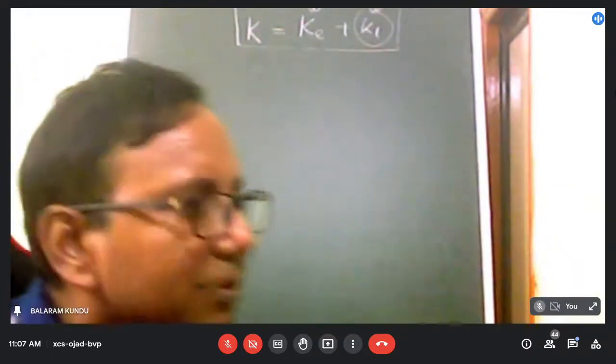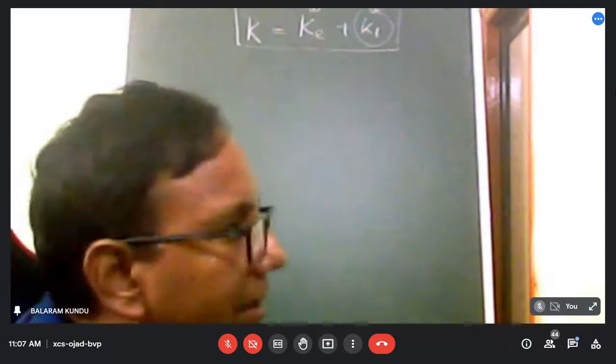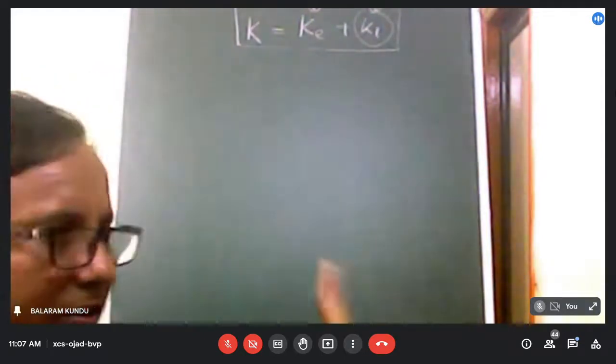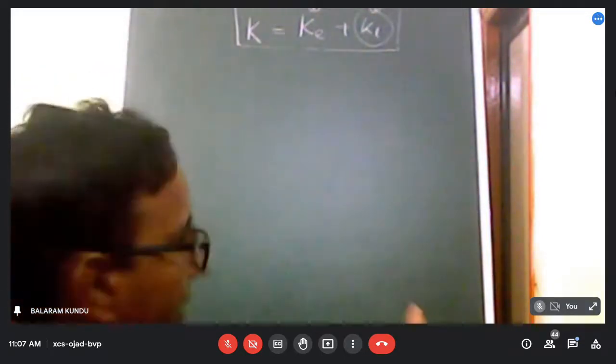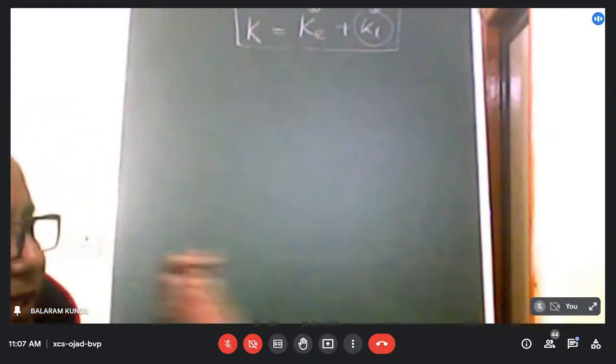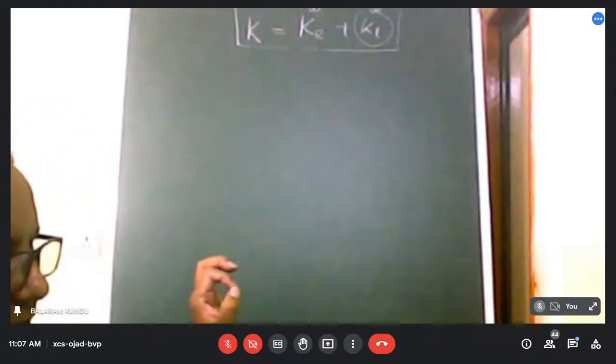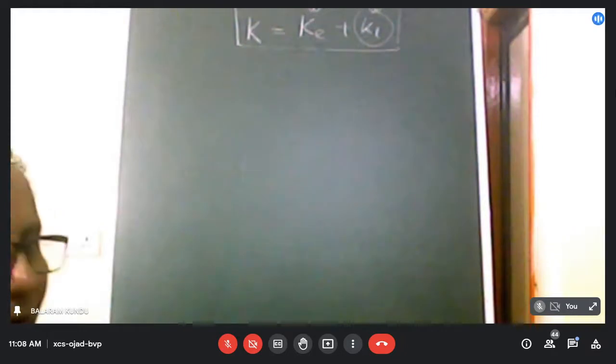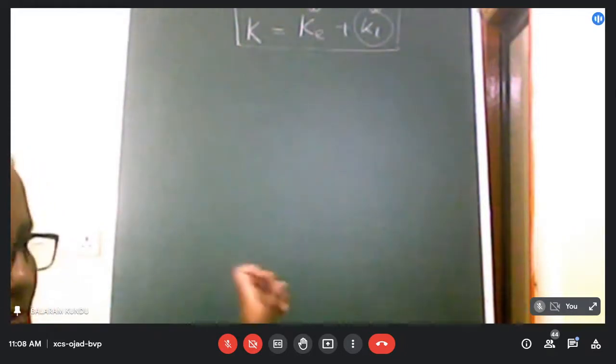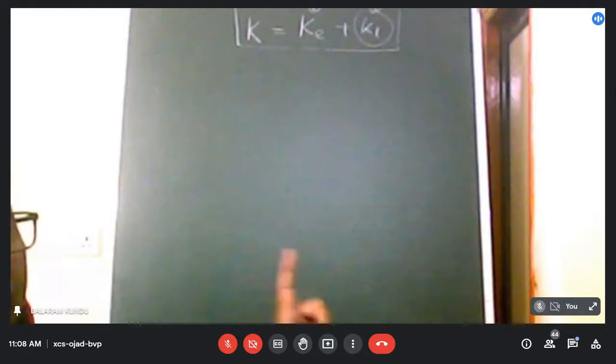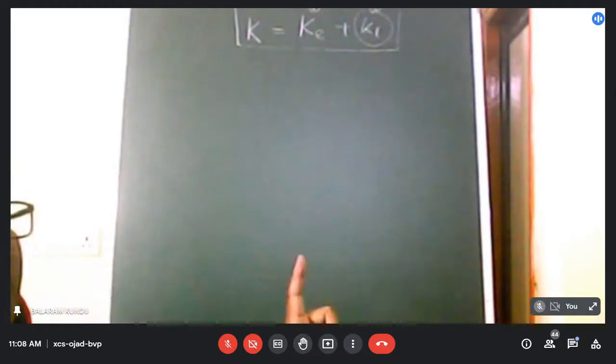So depending upon the situation, K is Ke plus KL. KL should always be there, and depending upon whether free electrons are present, Ke will be considered or not. If free electrons are present, and we compare the magnitudes of Ke and KL, definitely Ke will be much greater than KL.